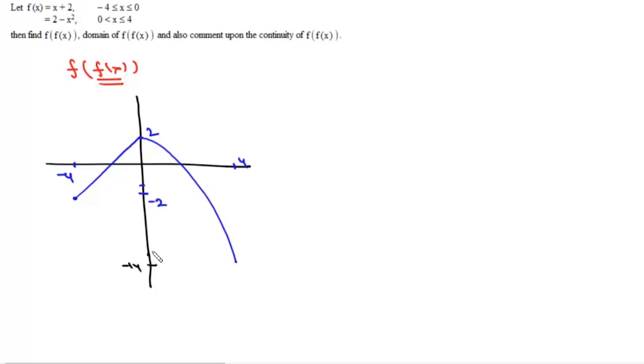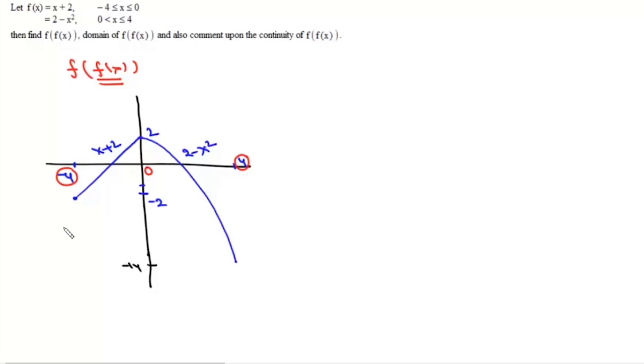So here this definition is x plus 2, and here this definition is 2 minus x square, and there is a definition change at this point 0, and the boundary points are minus 4 and plus 4. Now we'll draw horizontal lines at minus 4, 0 and 4.